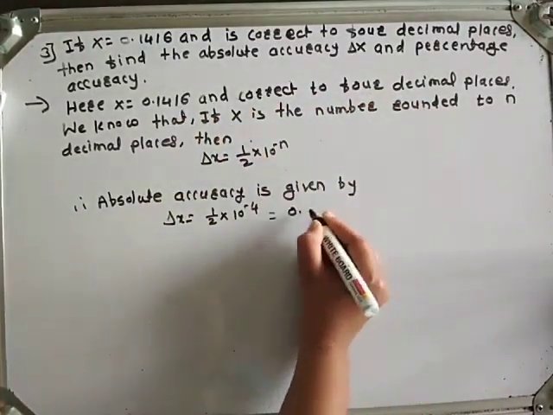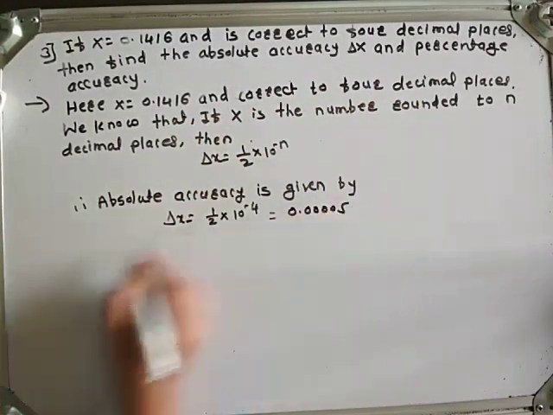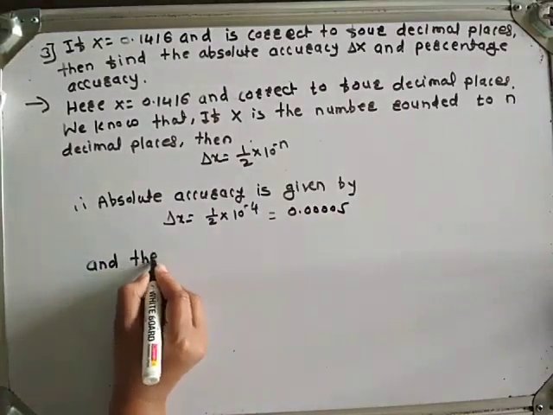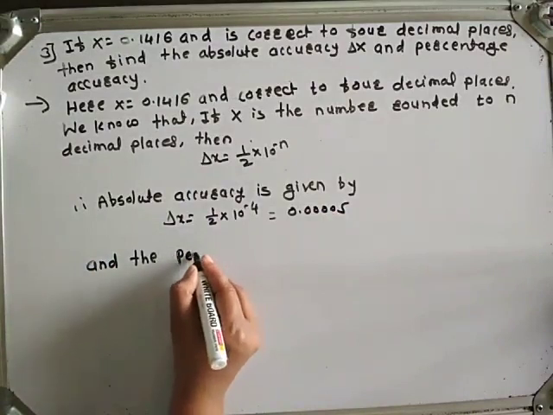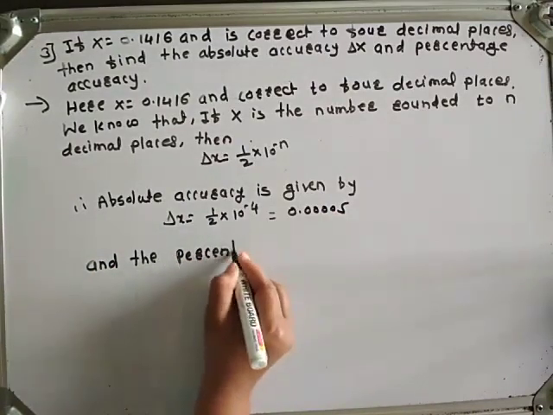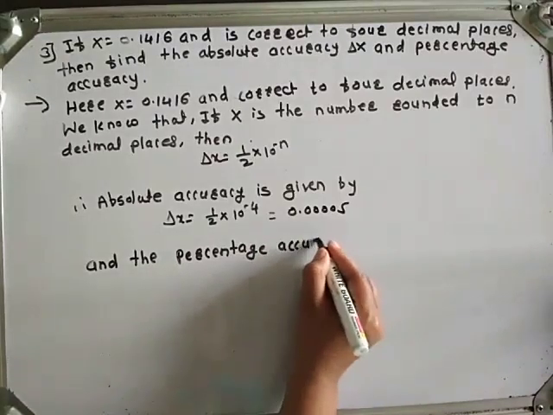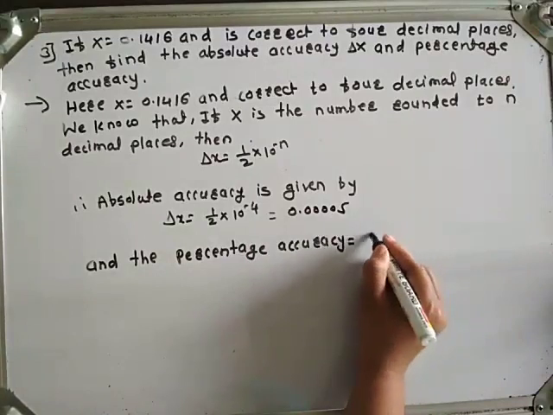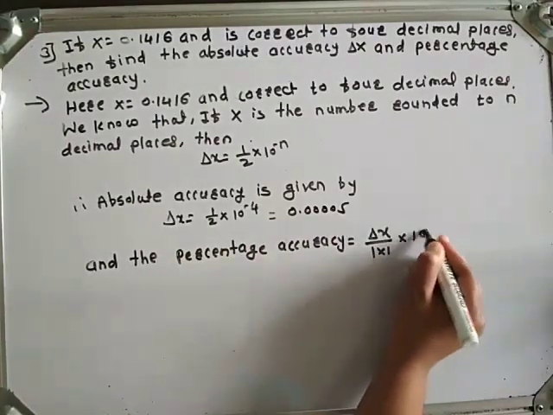After calculating, we get 0.0005, and the percentage accuracy is equals to delta x upon mod x into 100.